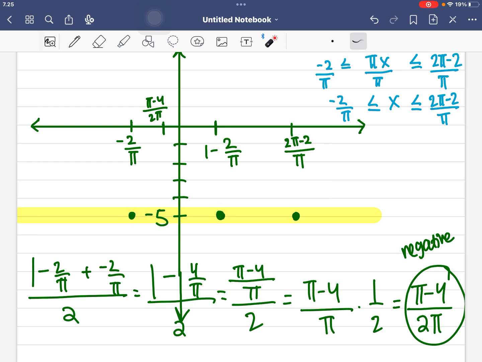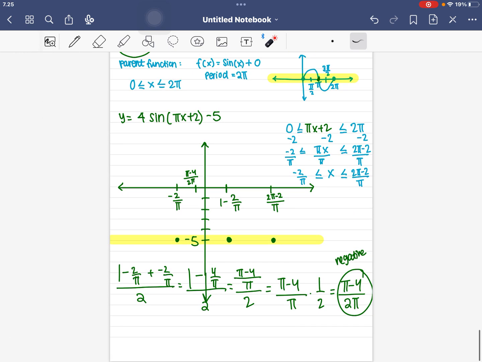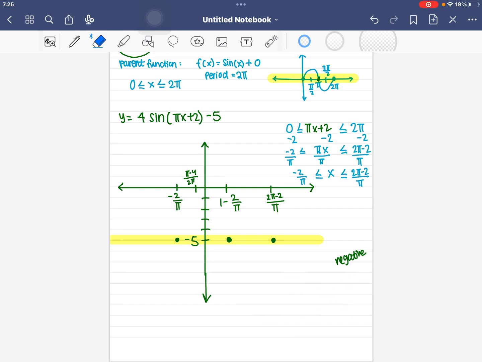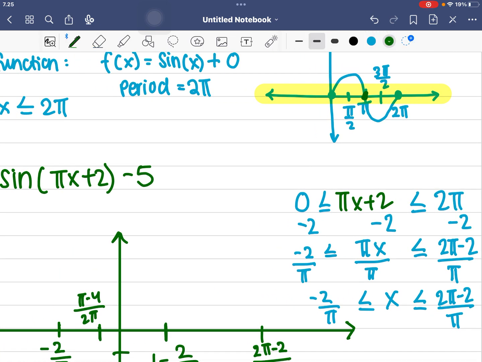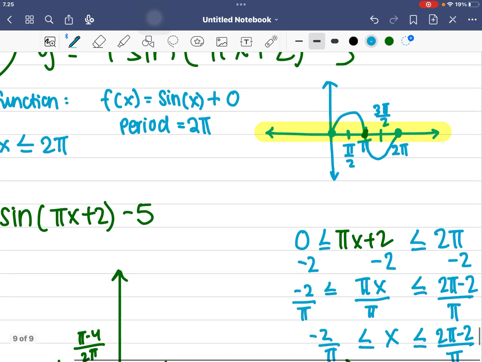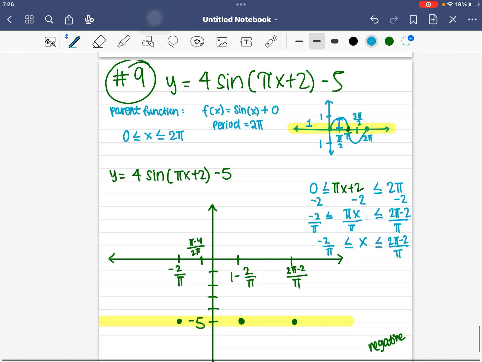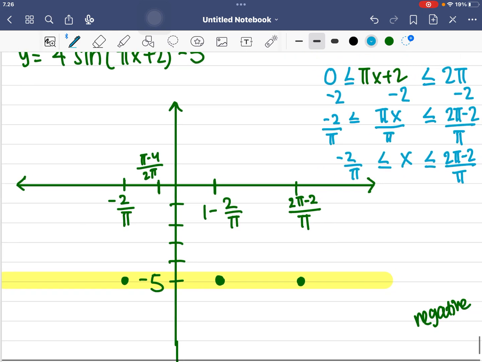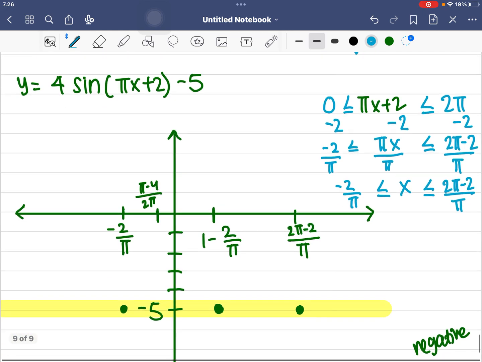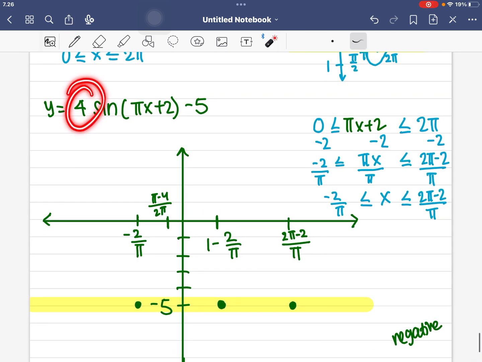So if that's my x value, what would be my y value? And notice that, again, going back to your parent function, this was 1 and that's 1, right? Your parent function, remember that the amplitude here is 1, right? So I expect that the distance between the max and the yellow line here should be 4.